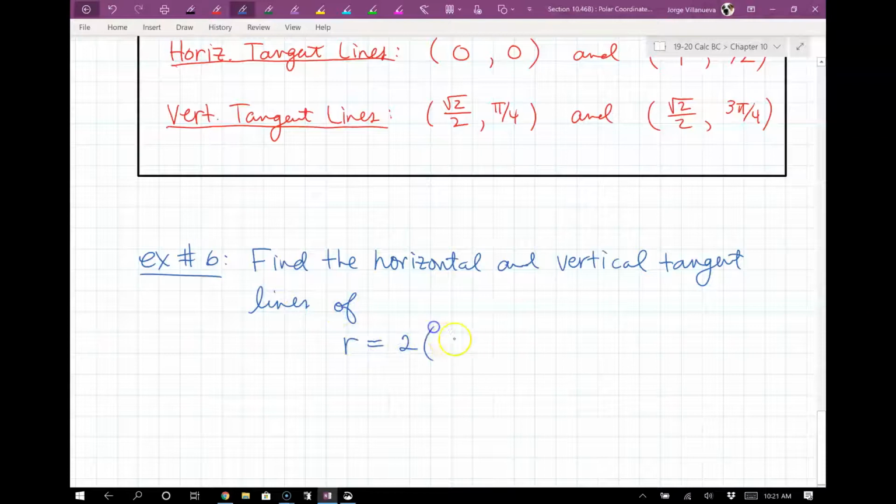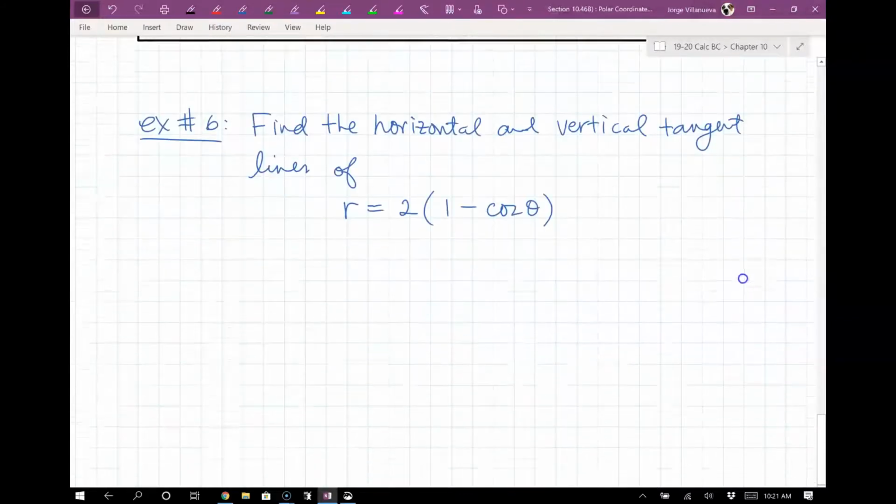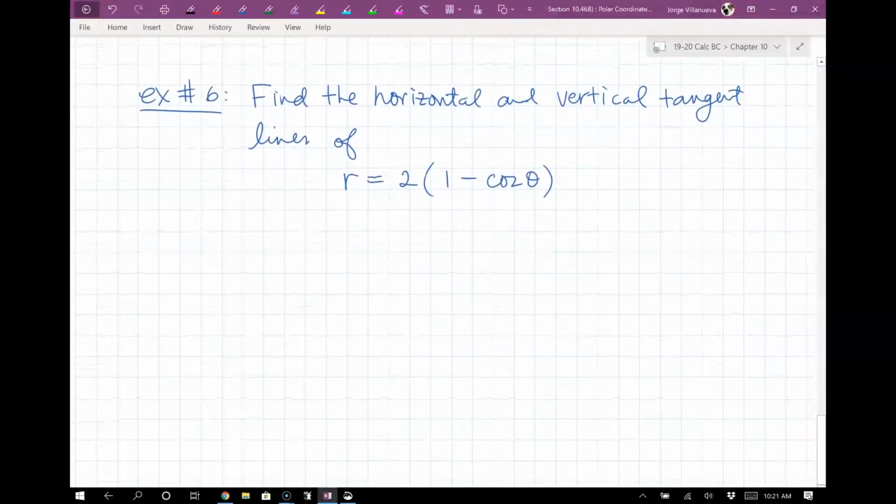So we have r equal to 2 times 1 minus cosine theta. Go ahead and write that down. And we're going to do the same thing we just did, only these are going to get a little bit more complicated. A lot more trig is going to have to be used. We're going to have to use some factoring. So a little more interesting, right?